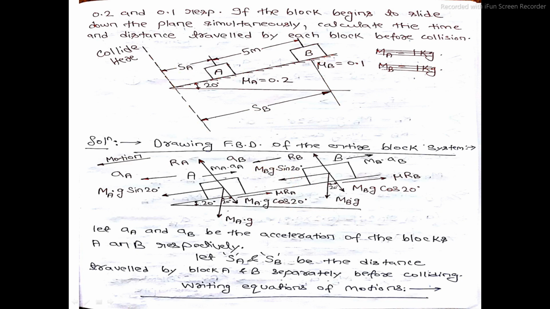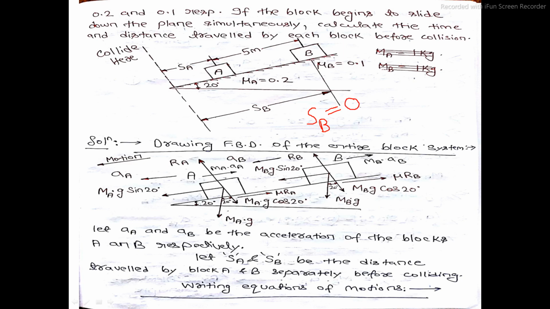So for block B, what is the equation of motion? S means distance travelled by block B till the colliding point, which is SB. So SB is equal to U, the initial velocity of block B. Initially in the problem block B is not given any velocity, so it will be 0.